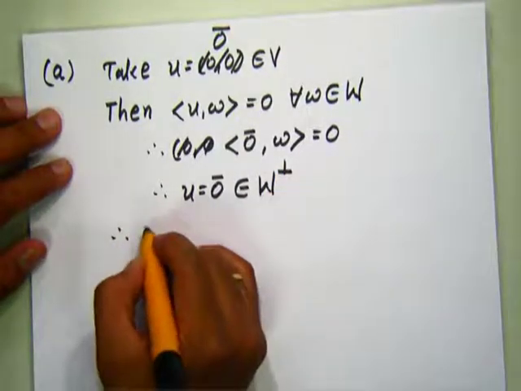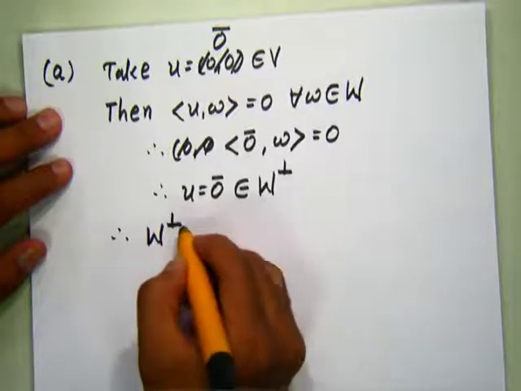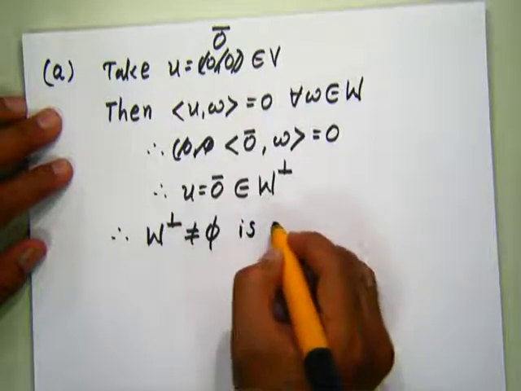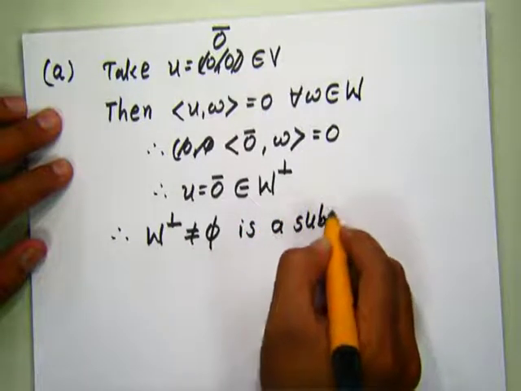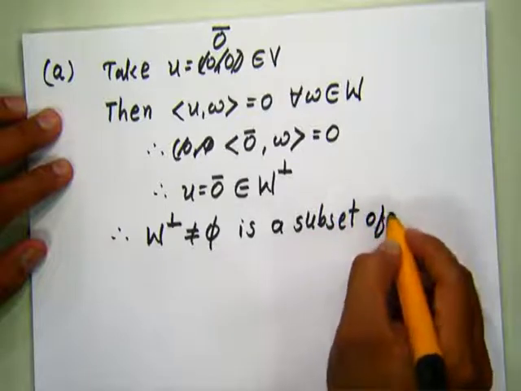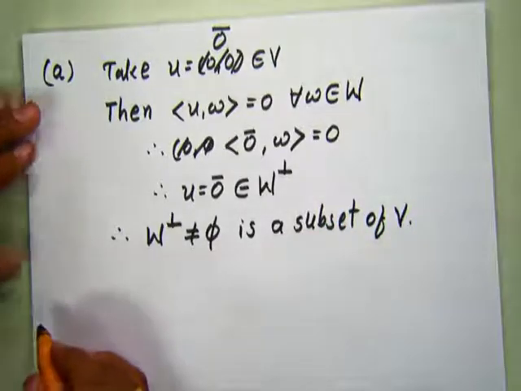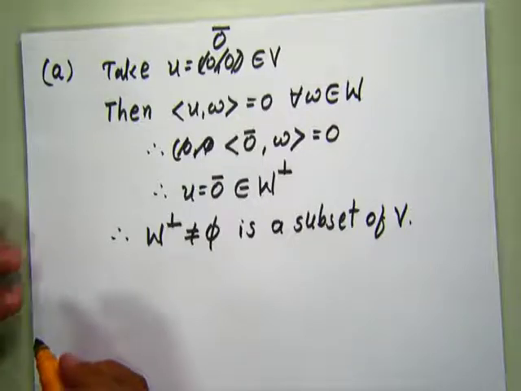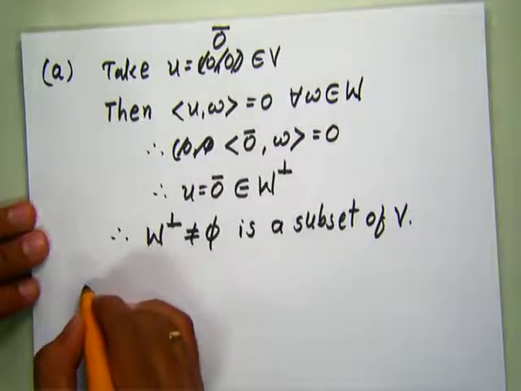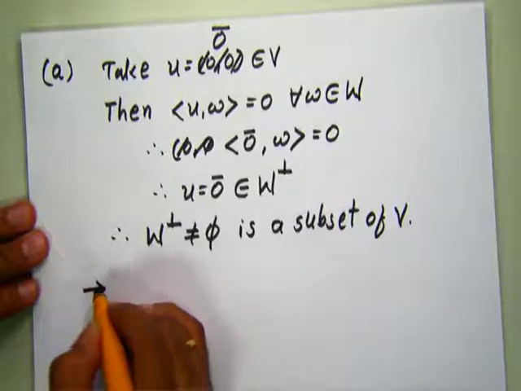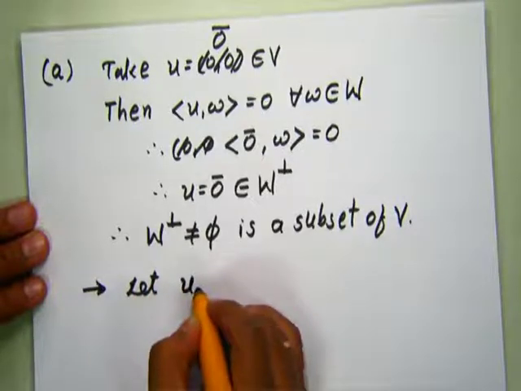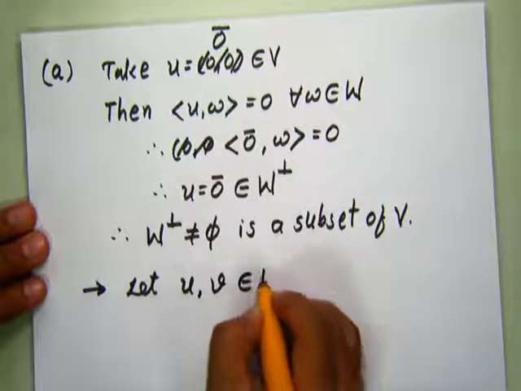Therefore W complement is not equal to the empty set and is a subset of V. Now we want to verify the closure property for vector addition and the closure property for scalar multiplication. First, closure property for vector addition: let u, v belong to W complement.